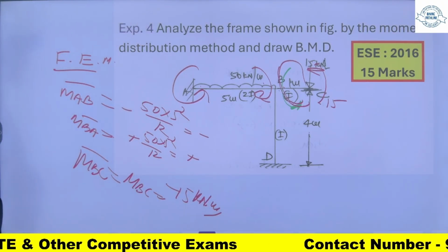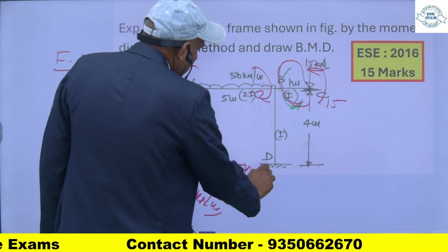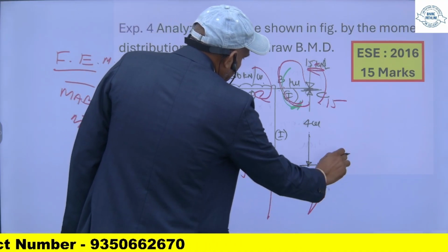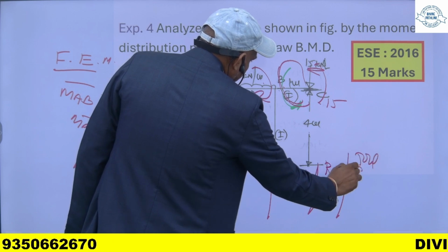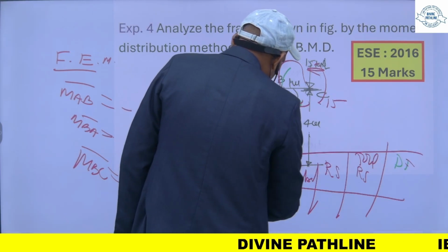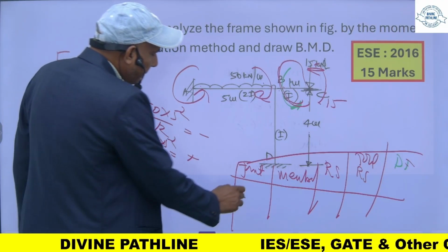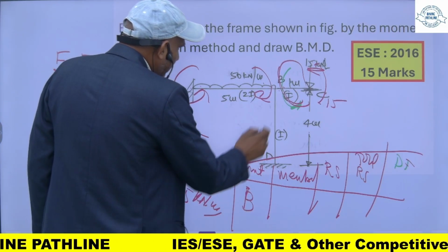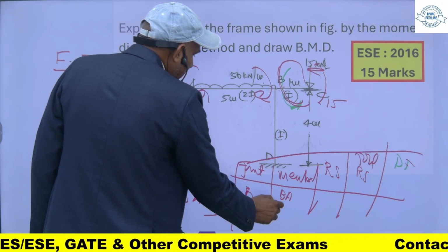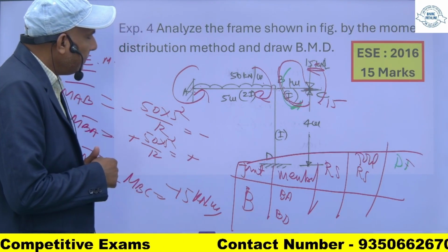Now if I want to find the distribution factor, for that I will make a table: joint, member, relative stiffness, total relative stiffness, and then distribution factor. This is my table. Now B is the joint, so one member is BA, another member is BD, and this is just an overhang, so this is not a member.